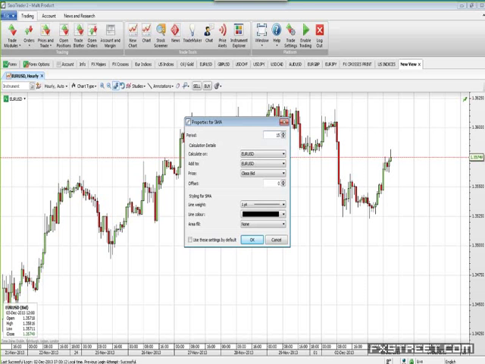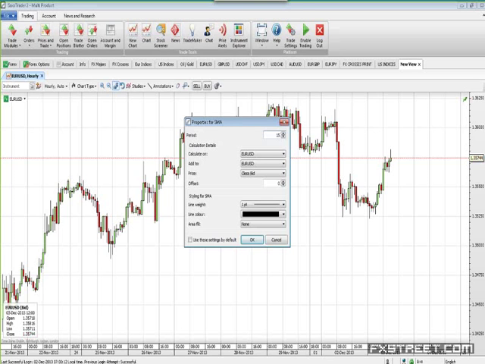Just because euro dollar might be bullish on a daily chart, it might be very bearish on a 3-minute, 5-minute, 15-minute chart. So you've got to decide, first of all, what time frame you're going to look at triggering. And this brings us back to the money management from before.